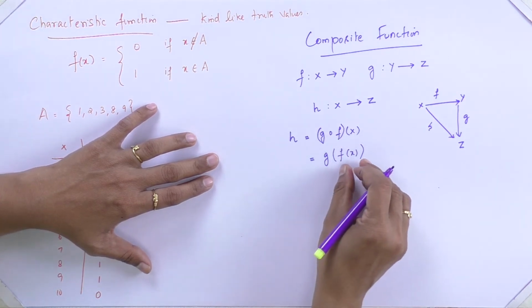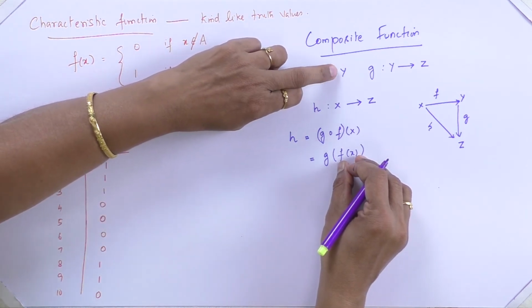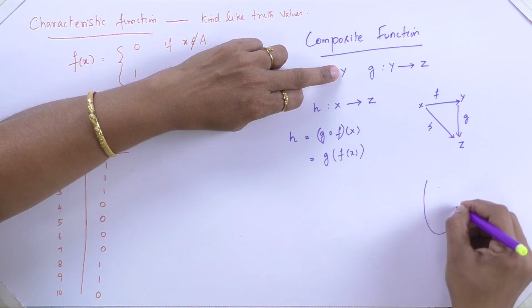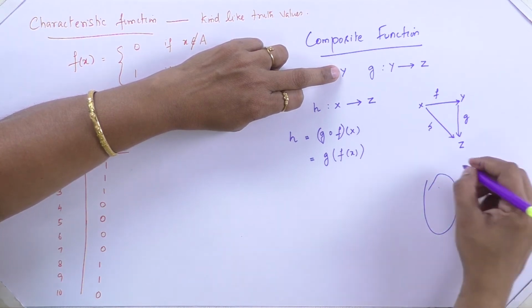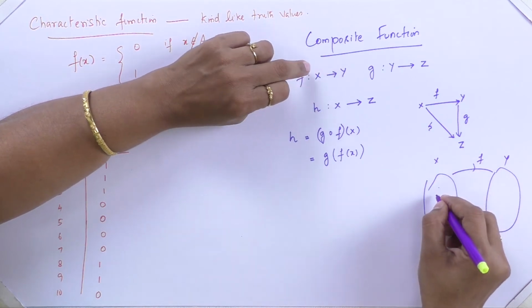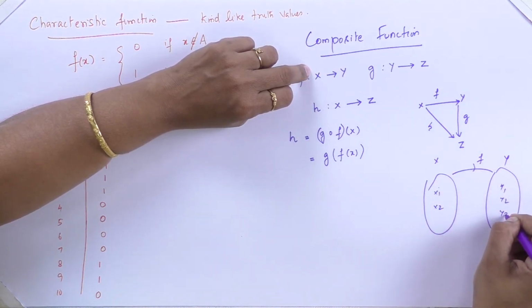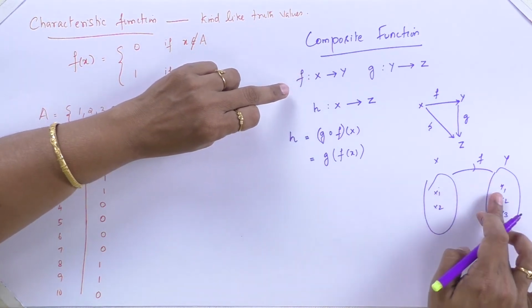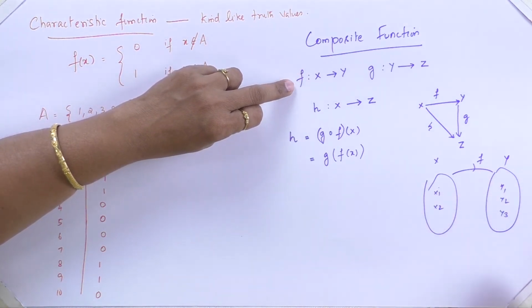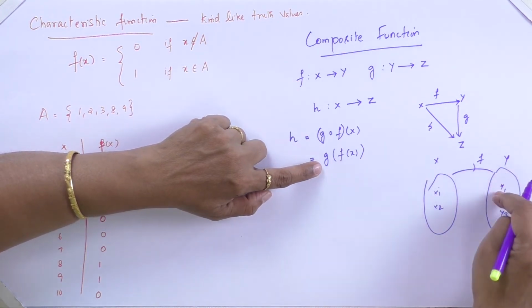So what is our f of x? f of x is nothing else but in the domain set. I have here x, I have here y, f is the function. I have the elements x1, x2, x3, y1, y2, y3 and so on. See here, f of x1 is equal to some y1, in case it is mapped.